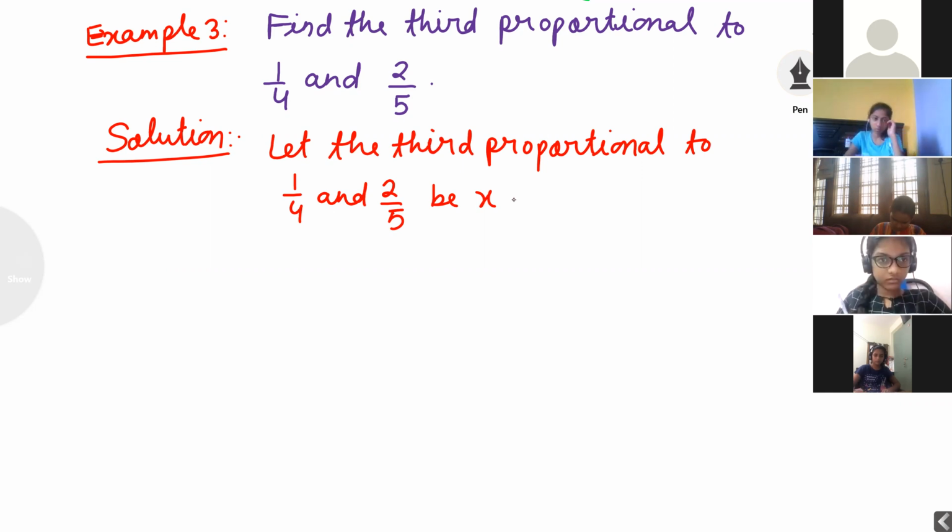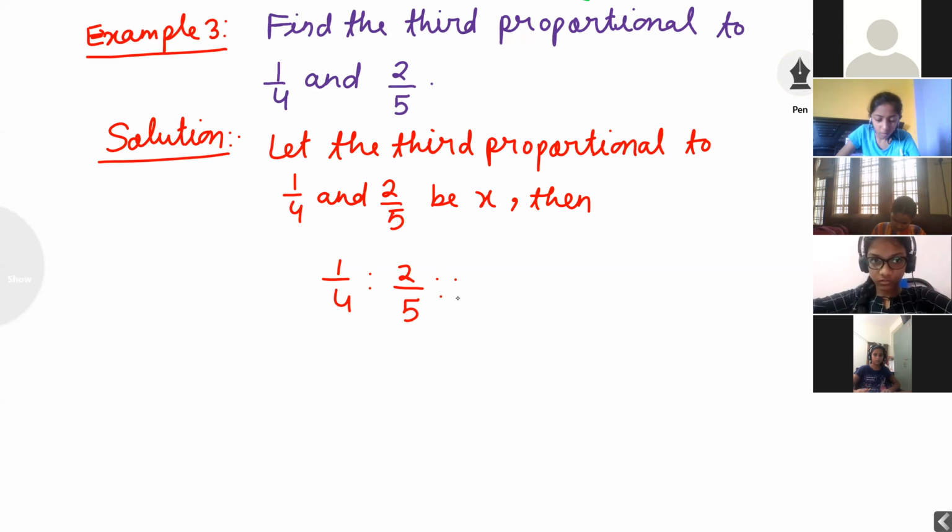Then 1 by 4 is to 2 by 5 as 2 by 5 is to x.